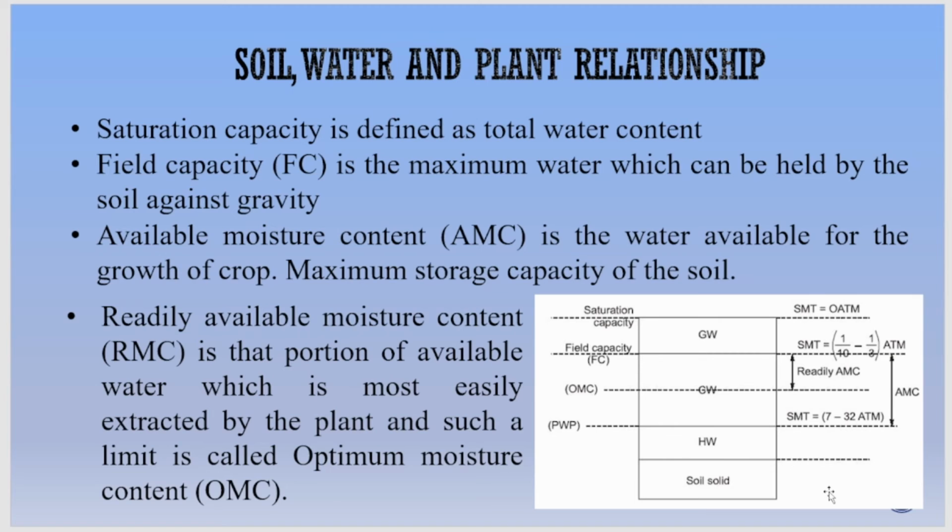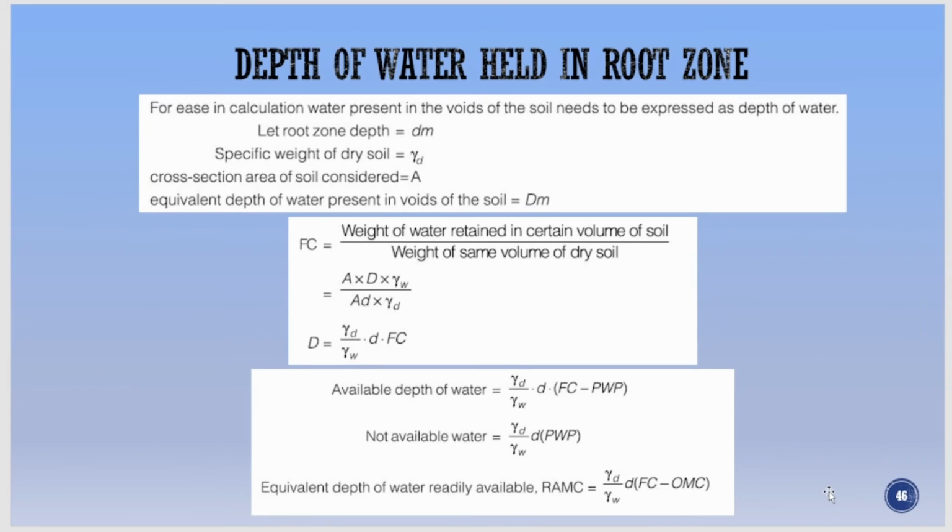Okay, right. So now we'll try to understand how to calculate the depth of water for any given crop. First, let us try to understand some of the terminologies. Let us say d, or small d, is the total depth of root zone.